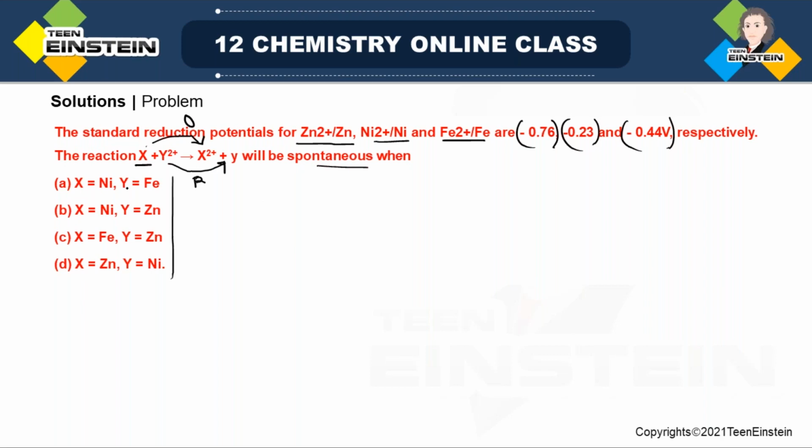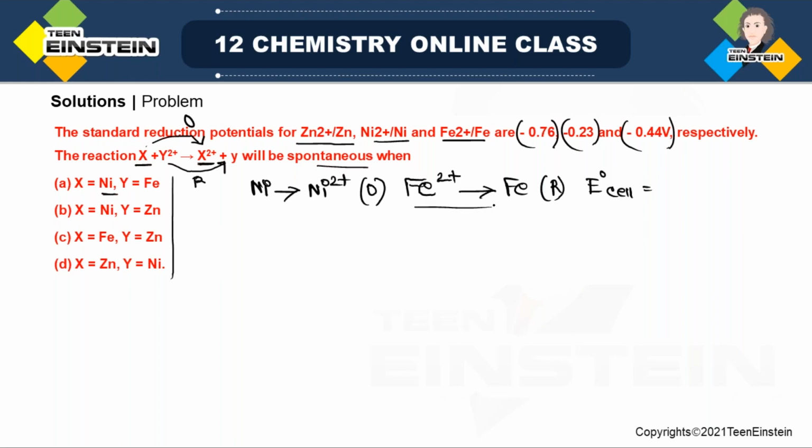So in the first case, X is the nickel system. That means nickel will be converted to nickel 2+. This will be on the anode side, that is oxidation. And iron 2+ is reduced to Fe. So this will be on the cathode side, that means it is reduction. So the E naught value for the cell, first we will write the reduction potential for the cathode system.